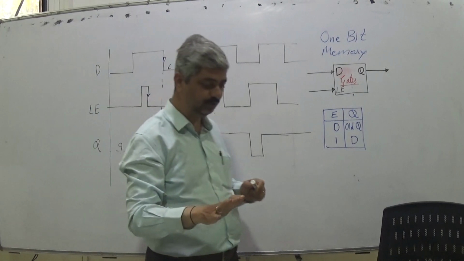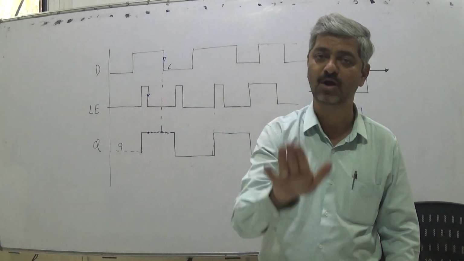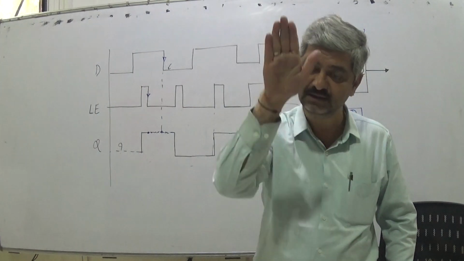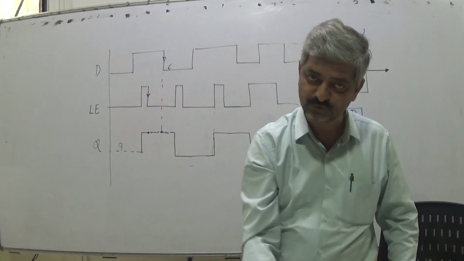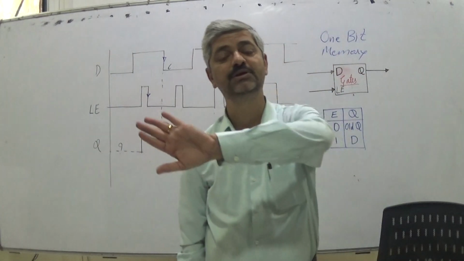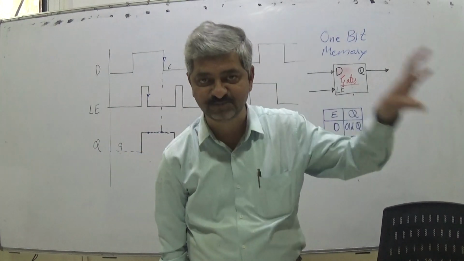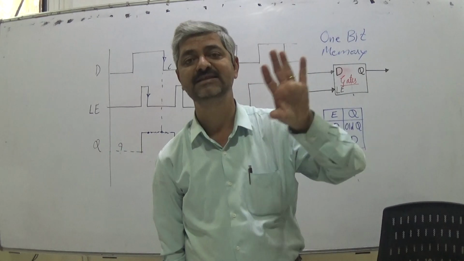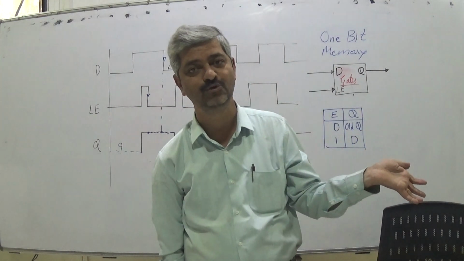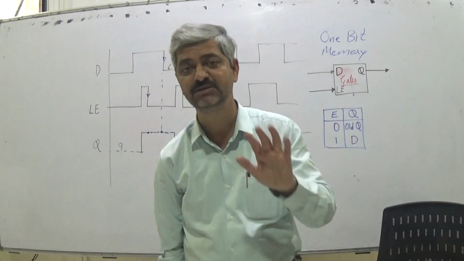So output continues to hold whatever was its state when latch enable was 1. So when latch enable is 1, the input is transferred to output, and when latch enable becomes 0, the previous state of the output is continued.